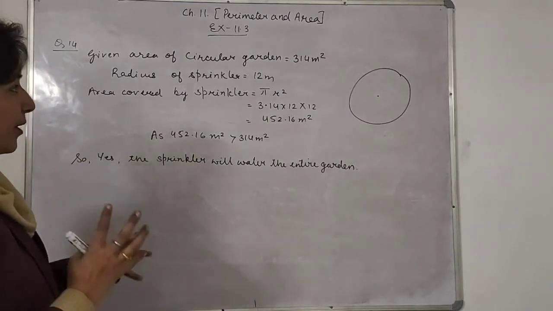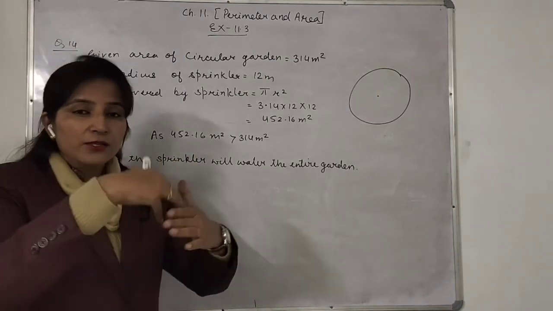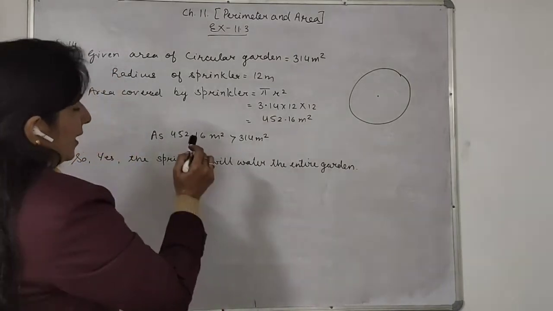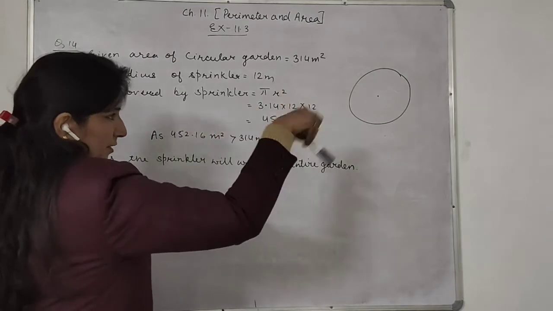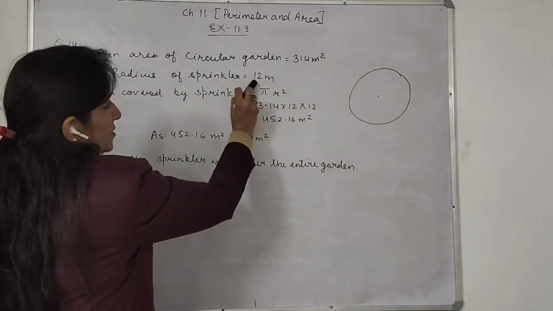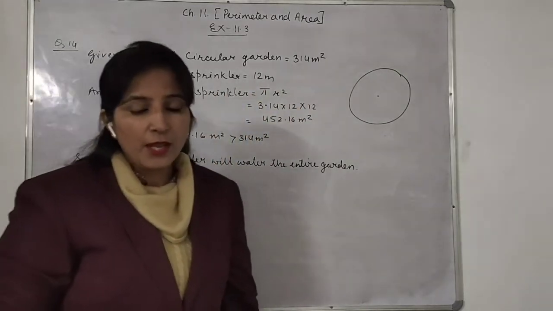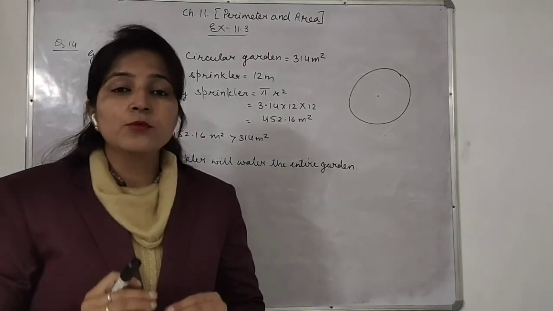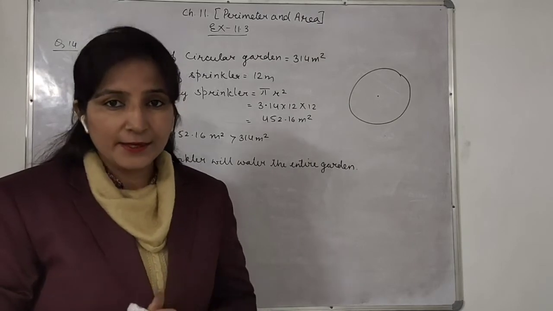And the sprinkler is just spreading the water around a circle of radius 12 meter. And the question they asked is, will the sprinkler water the entire area?